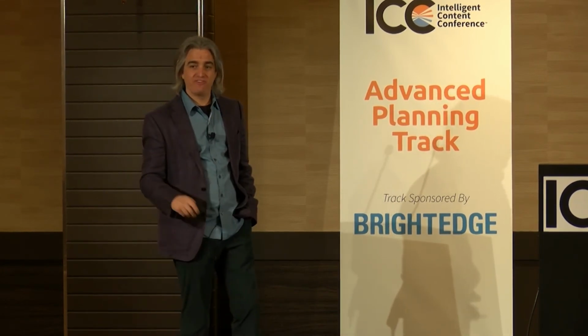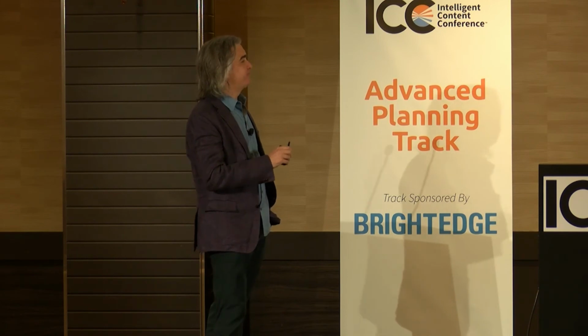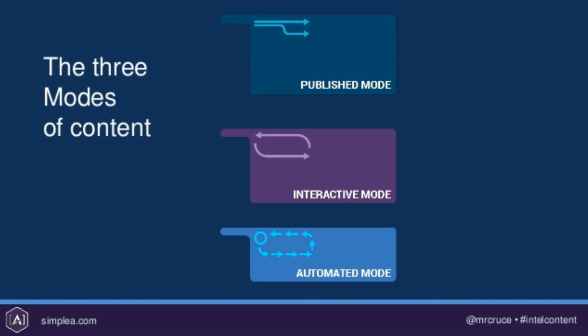So content is evolving very, very fast. Everybody here understands that, because we've been through a few days of looking at content which is moving from 2D to 3D, both literally and metaphorically, from static to dynamic, from resting to interactive, and from a single version to many targeted variants.